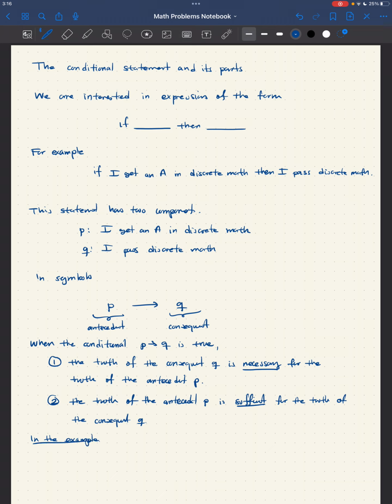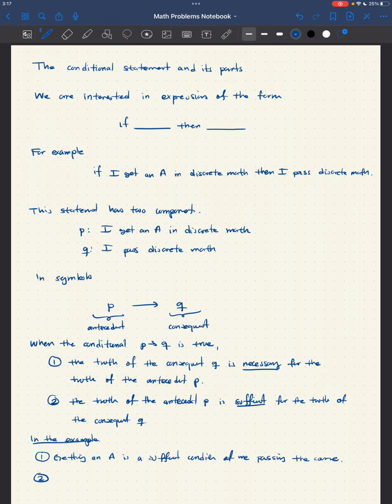That's just to convince ourselves, right? How would we put it? Well, getting an A in discrete math is a sufficient condition of me passing the class. Right.